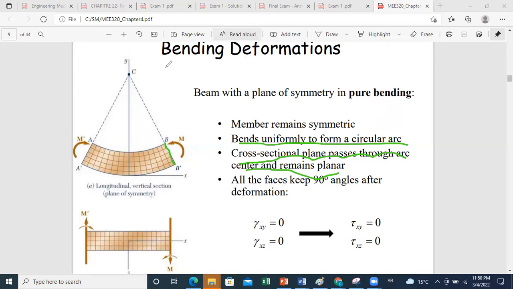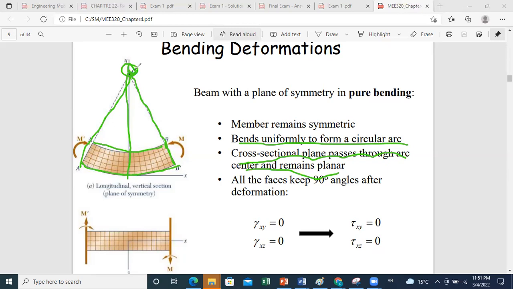And if you draw different planes, all of these planes will intersect at point C, which is the center of curvature of bending. So if you observe this arc of circle and also this arc of circle, their center will be the same one, which is the center of curvature of the bend.